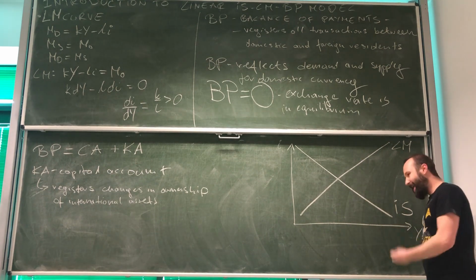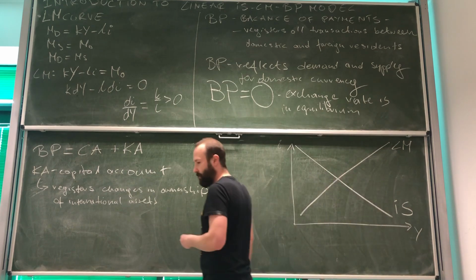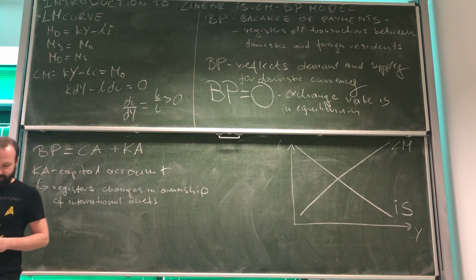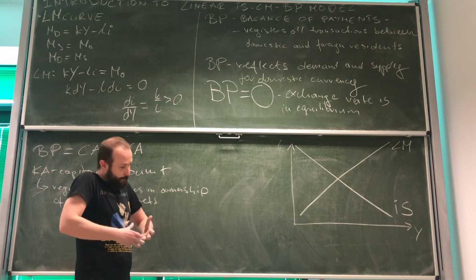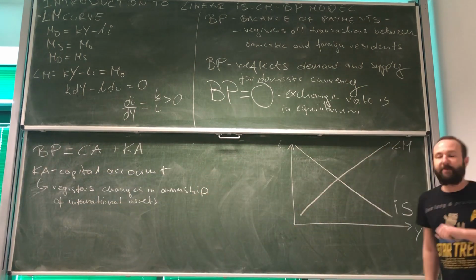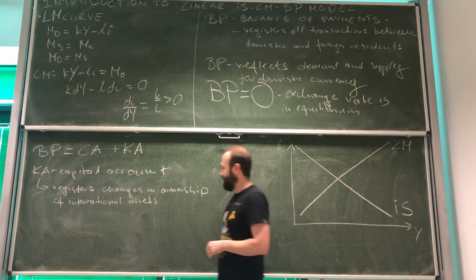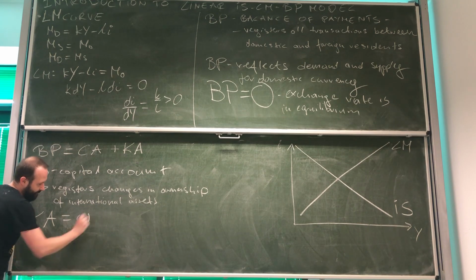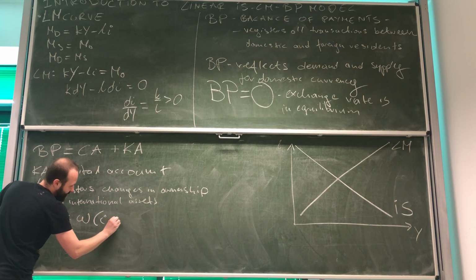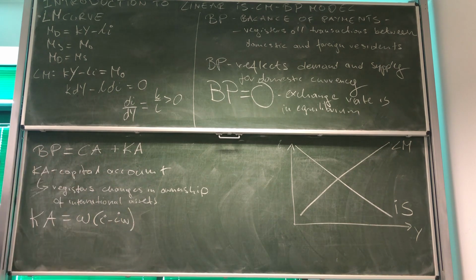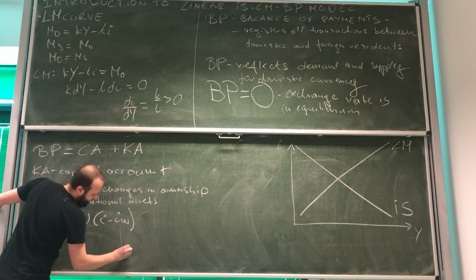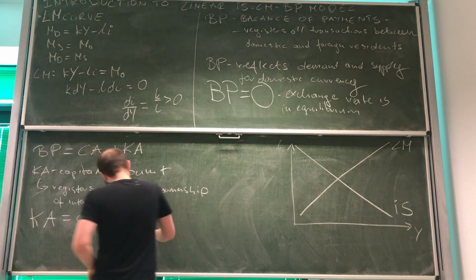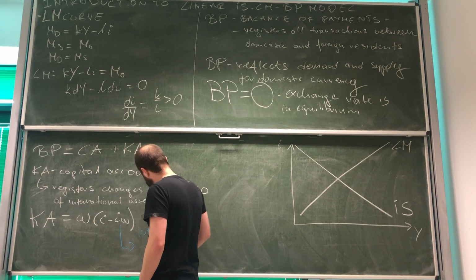And look, when do you want to buy domestic assets? Well, okay, I'm not going to tell you this now. Let me just first show you the formula for the capital account. The capital account formula is I_W minus I, where I_W is simply the world interest rate.